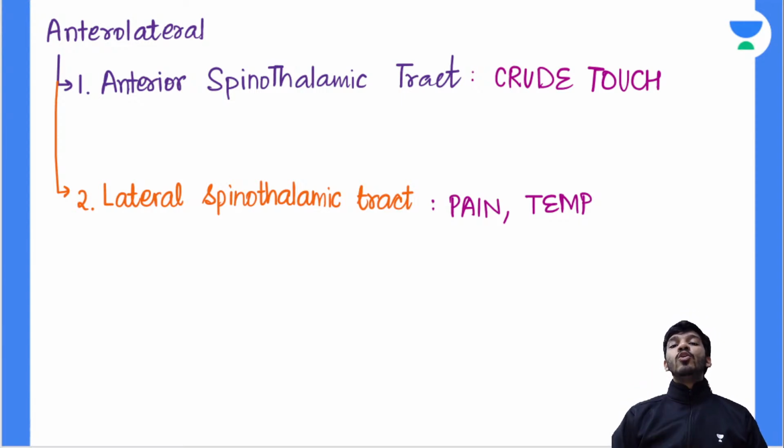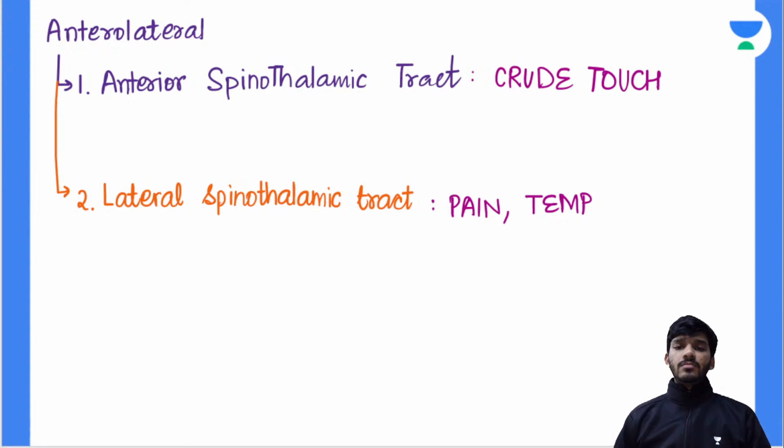Spinorubral tracts: the word rubral refers to red, meaning they go to the red nucleus. I'll talk about the red nucleus later, but for now, spinothalamic means it is going from the spinal cord to the thalamus, in the VPL, the ventero-posterolateral nucleus.